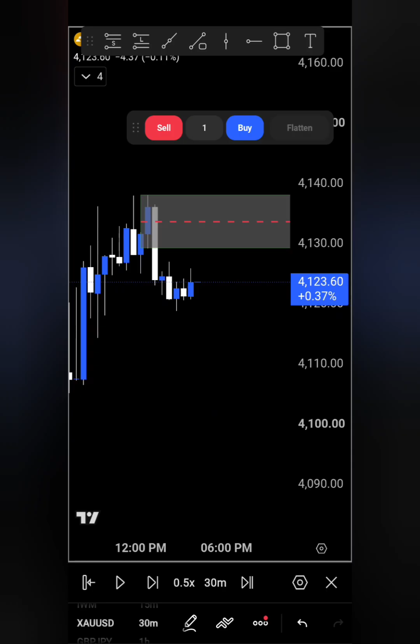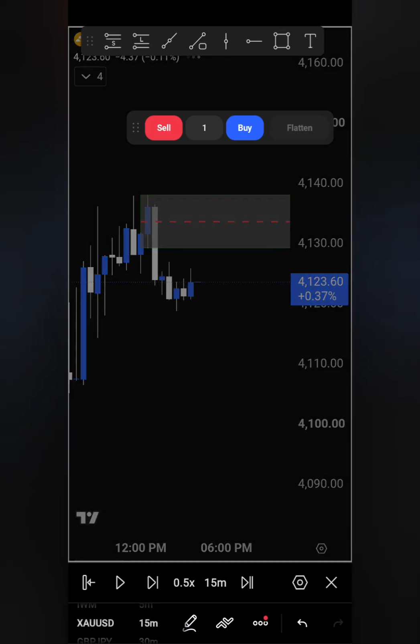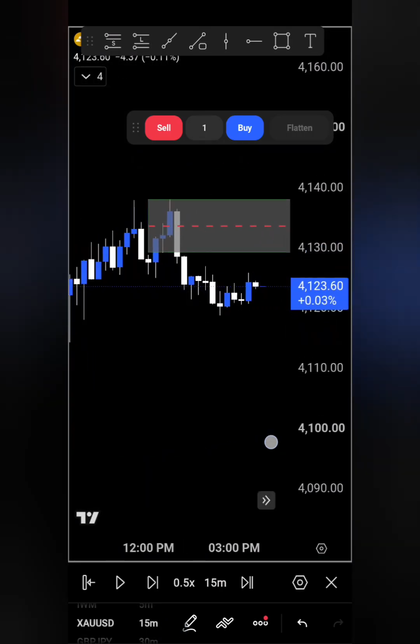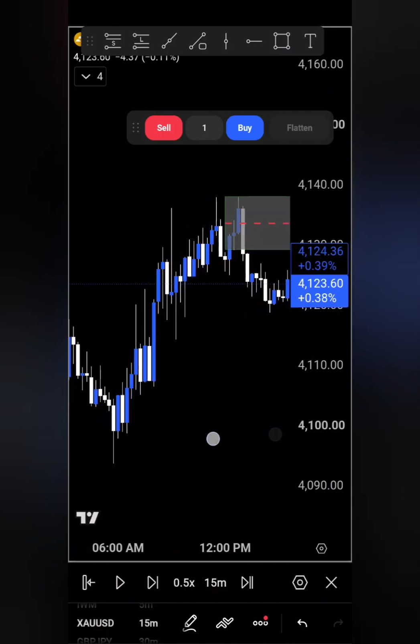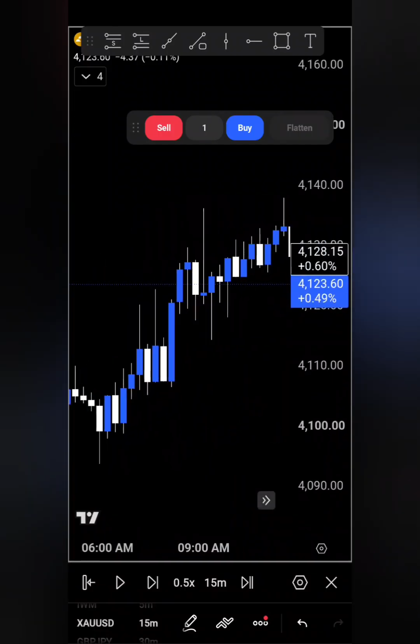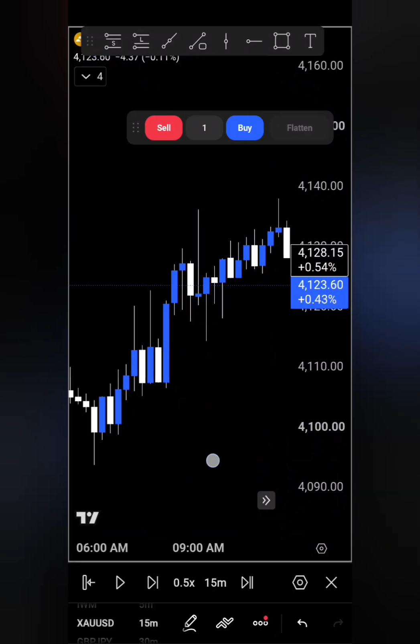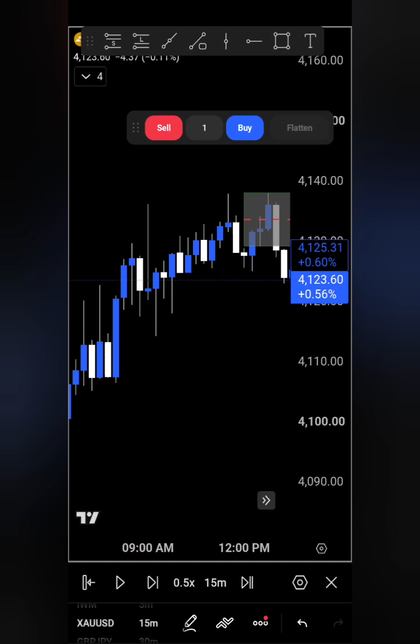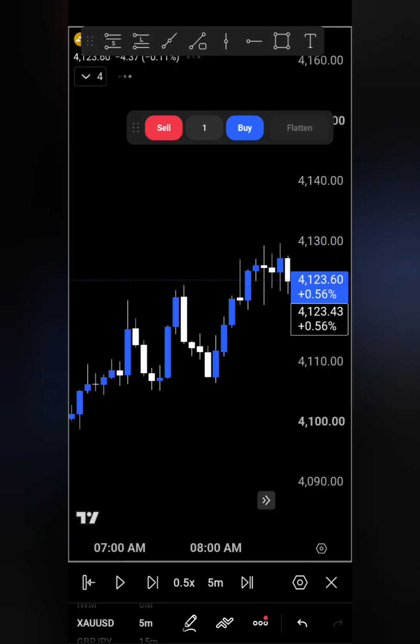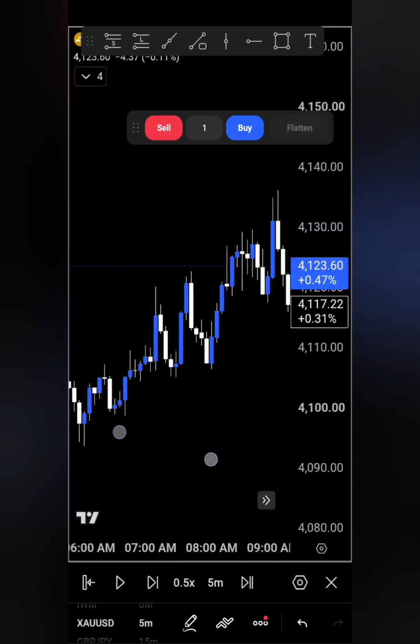And I like to go to the next time frame to see, can I find one on the lower time frame, be more precise. And I got one right there. Right there. It's clean. I do check the lower time frame.